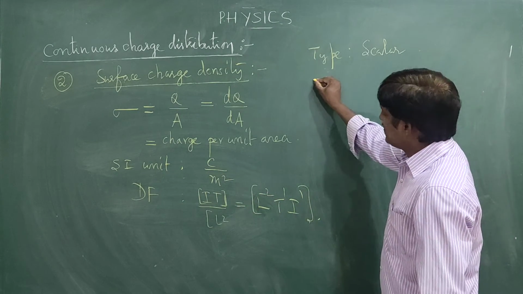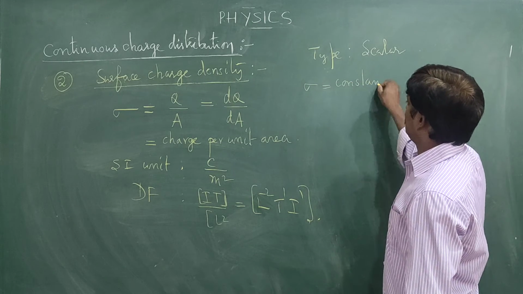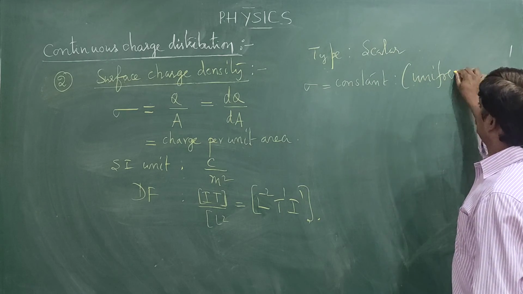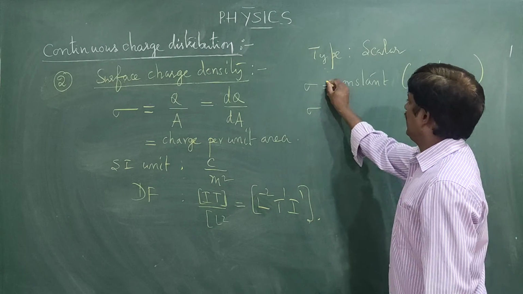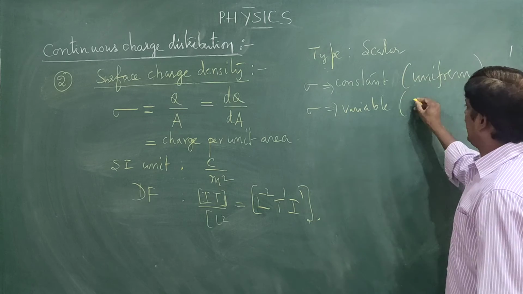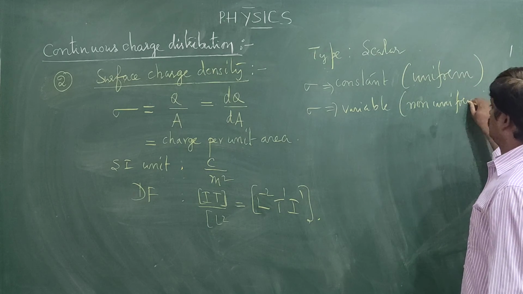And then once again, if sigma is constant, that means throughout the surface sigma is constant, it is said to be uniform charge distribution. If sigma is variable, then we will say it is non-uniform distribution.